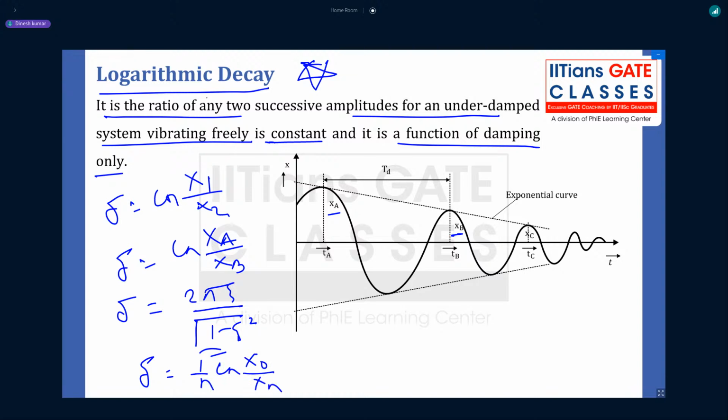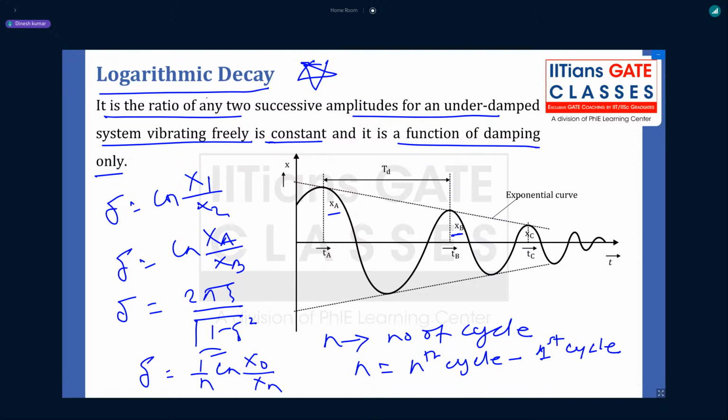Now guys, what is the n here? N is the number of cycles. How do you define the number of cycles? It is the nth amplitude minus the initial amplitude.